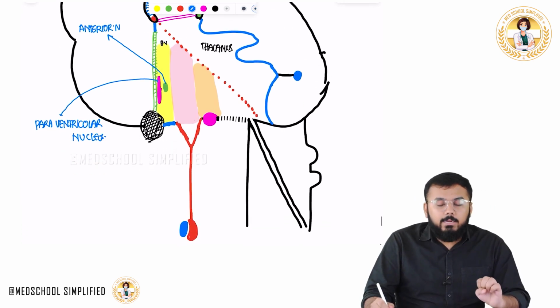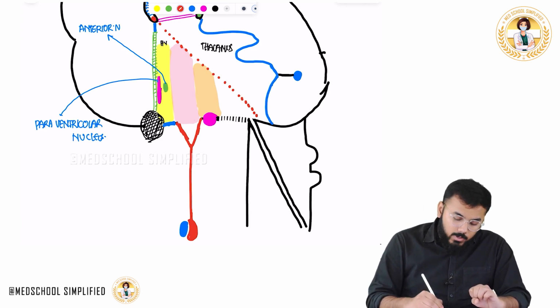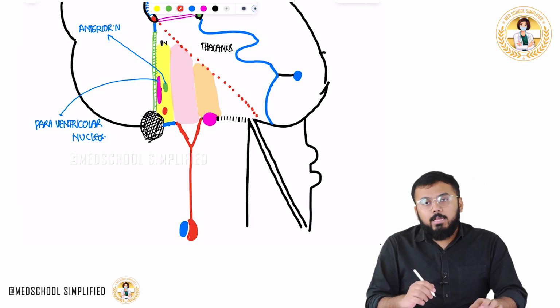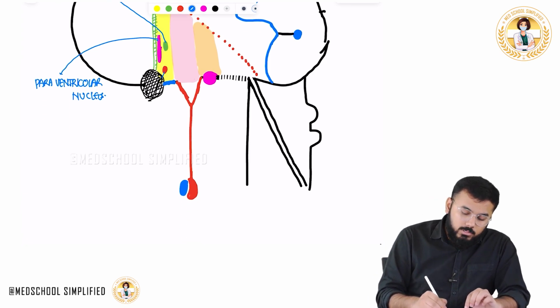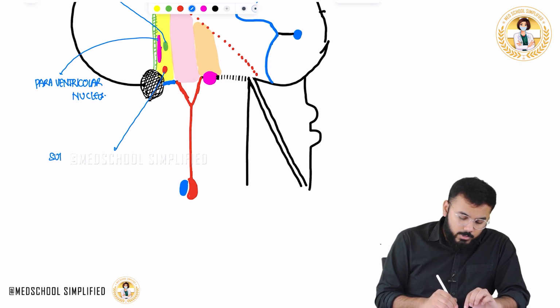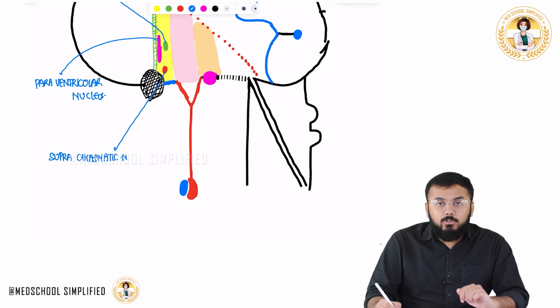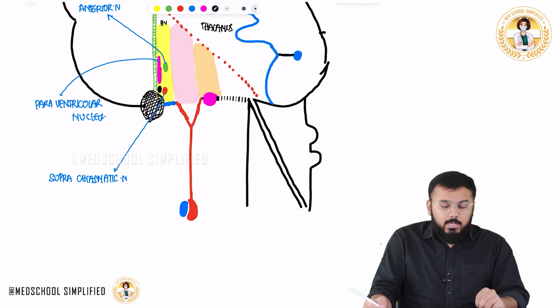Now after this anterior nucleus, if you look very carefully over here, above the optic chiasma, there is a nucleus, right? So this nucleus which is located above the optic chiasma is called as suprachiasmatic nucleus. Next, in front of that you have got another nucleus.